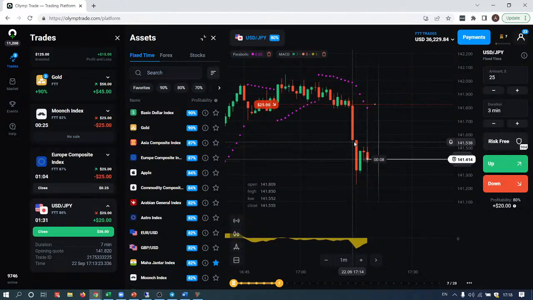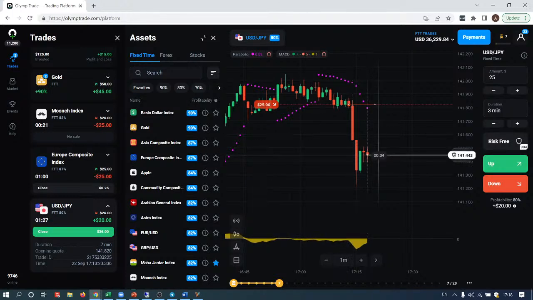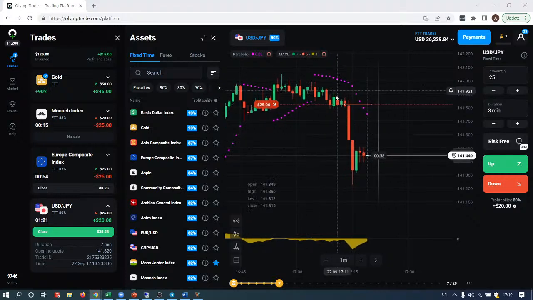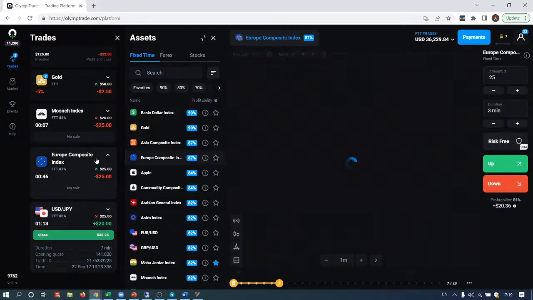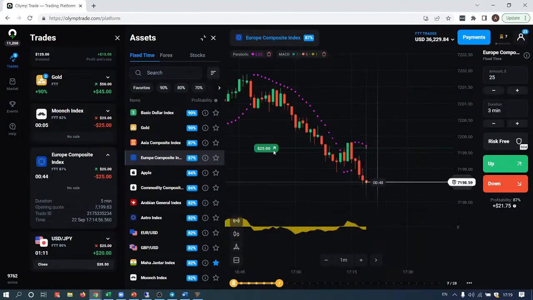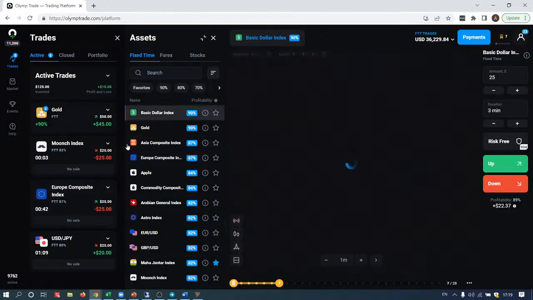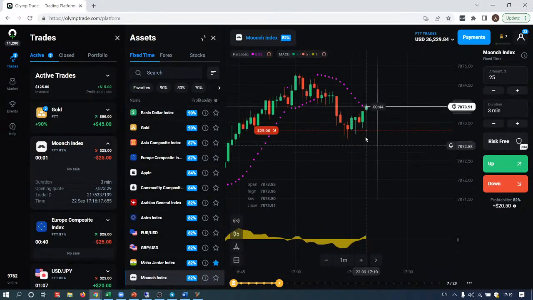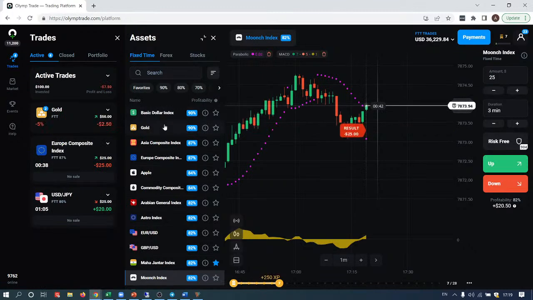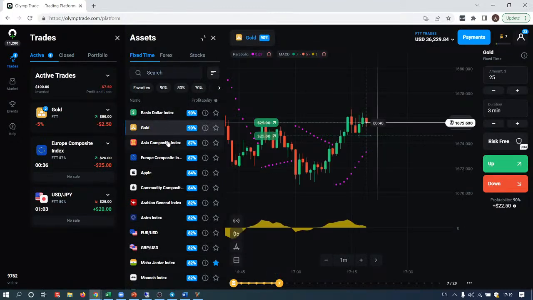And yeah, the best trade so far is my trades on the USD JPY. And Munch is, oh yeah, it's reversed. Okay.